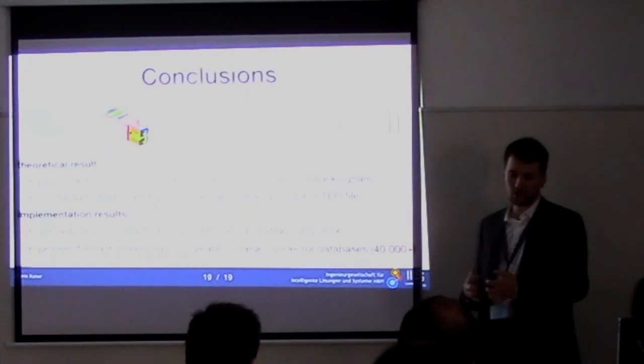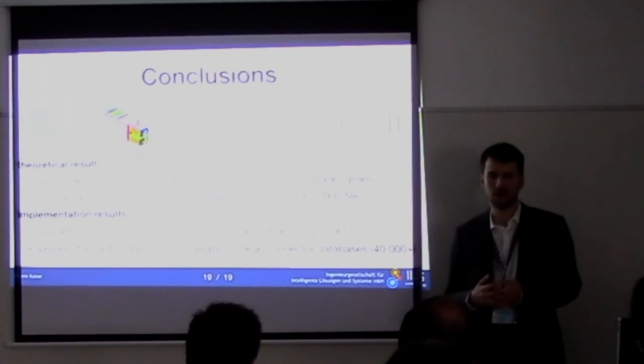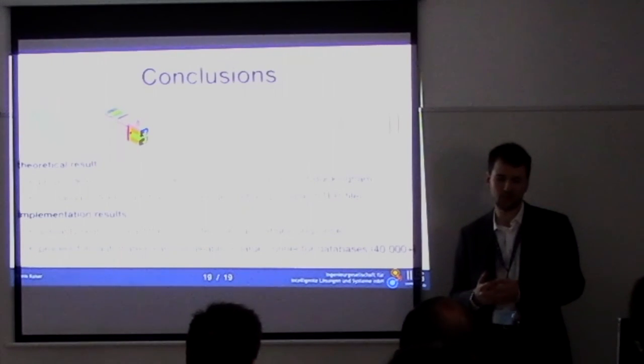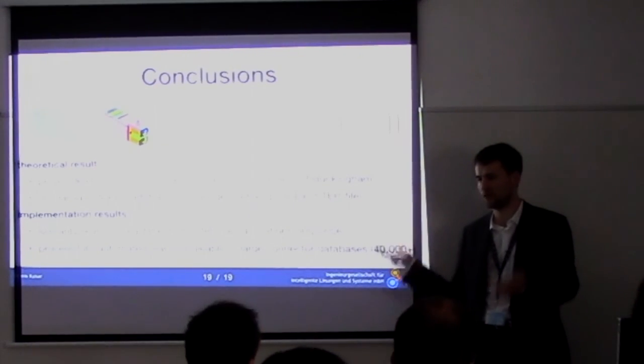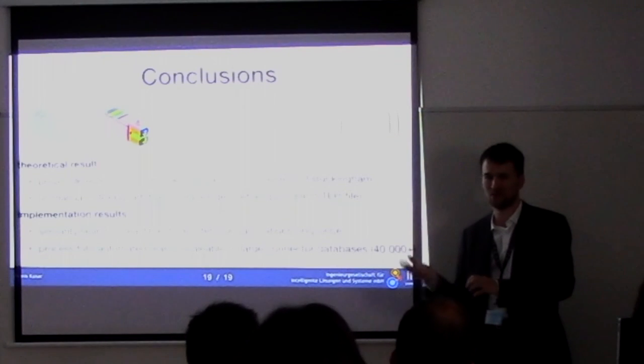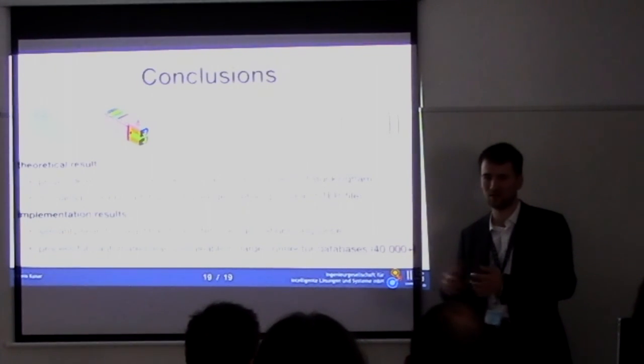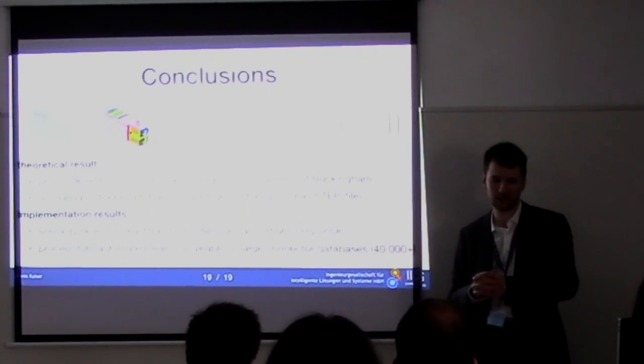And because this process is fully automated, it would be easily scalable to a larger connector base of, for example, 40,000, which was the case in the industrial example presented at the beginning.